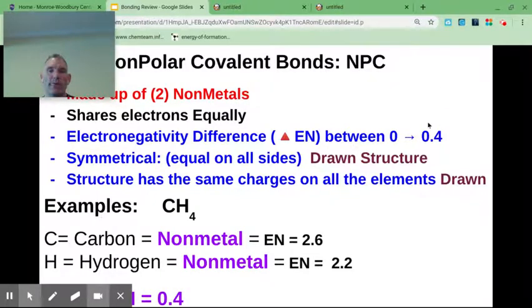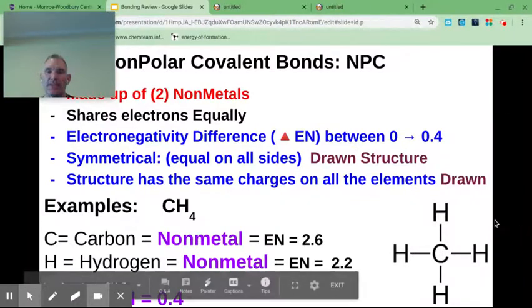Notice that 0.4 is in this range. So I know I'm leaning towards my non-polar side. But to get the complete picture, let's look at the actual structure. There's one carbon and there's 4 hydrogens. So that means when I draw out my structure, this is what I'm going to get.